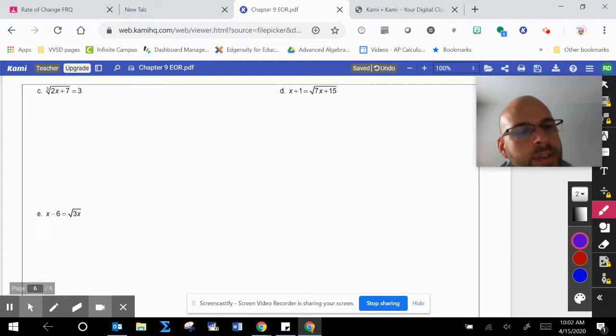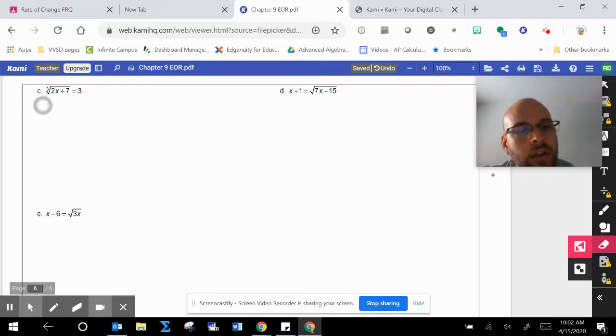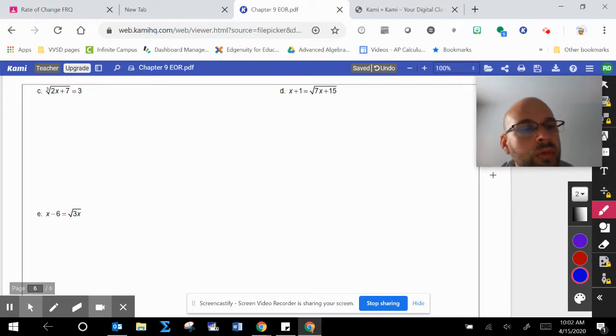You guys can work through this, but for part C, we have this radical already by itself, so we can go ahead and just get rid of that radical. Let's start with blue.